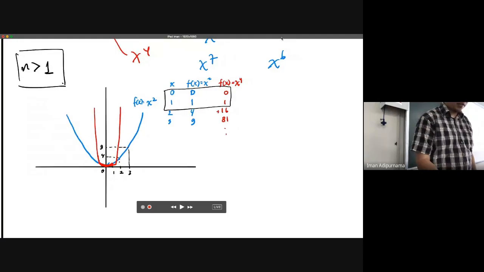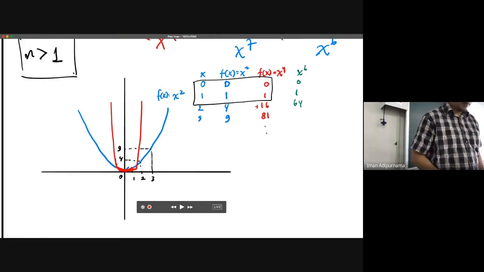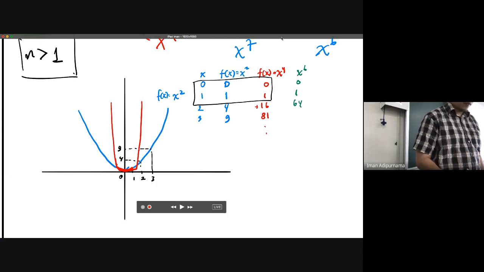And if we increase our value, it's still the same at 0, 1, but here will be 64. 64 is maybe around here.